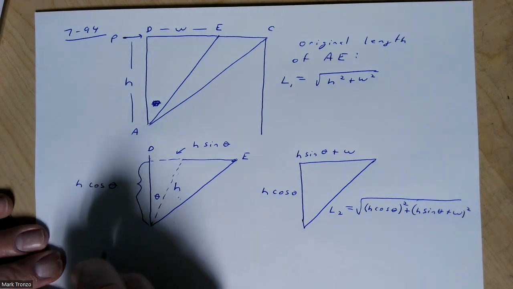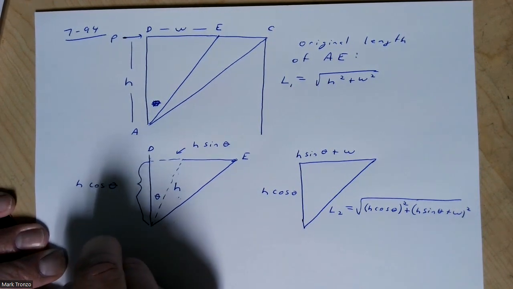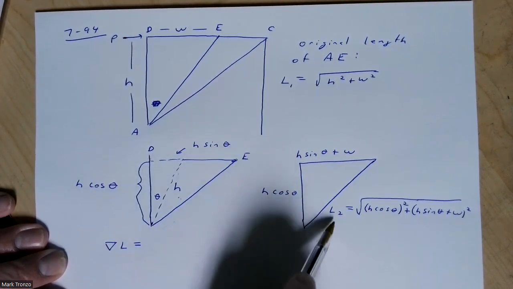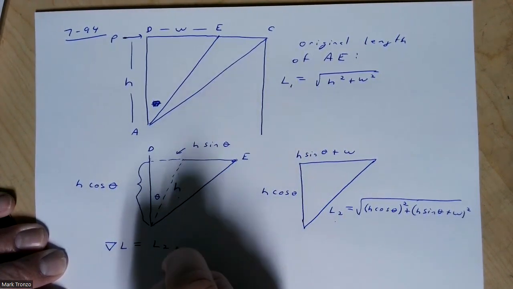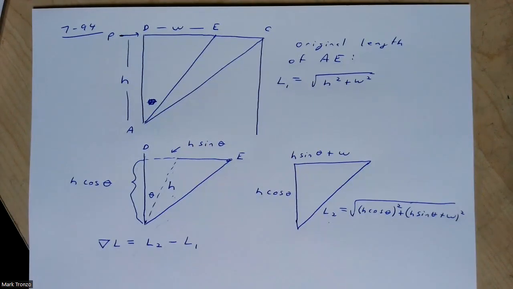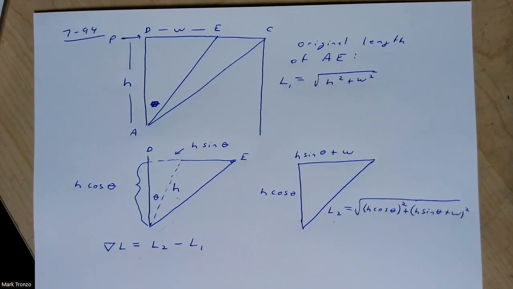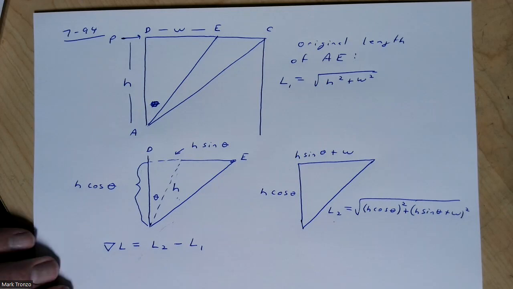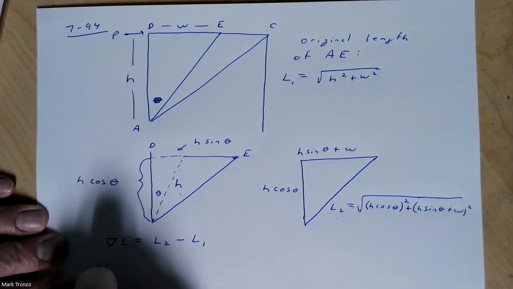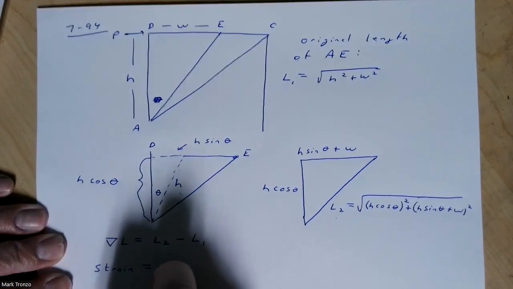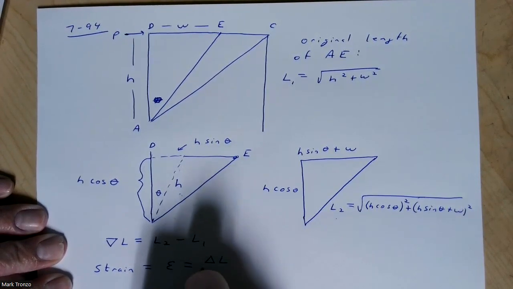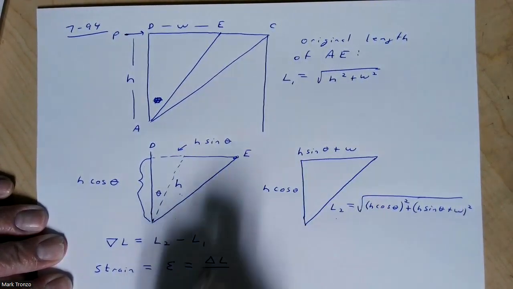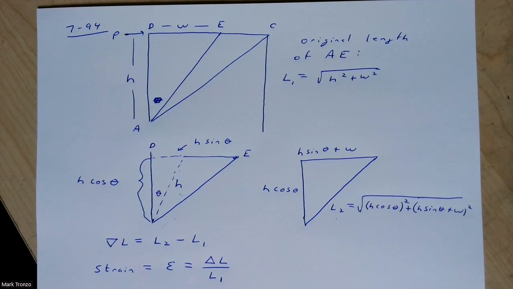Then to find your change in L, it's going to be this new length minus your original length. And your strain is going to be your delta L divided by your original length. Remember, to find strain you always divide by your original length.